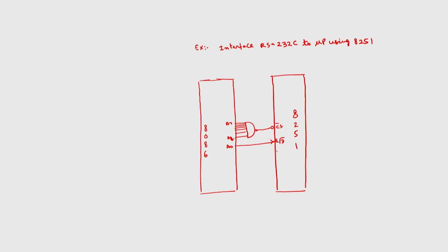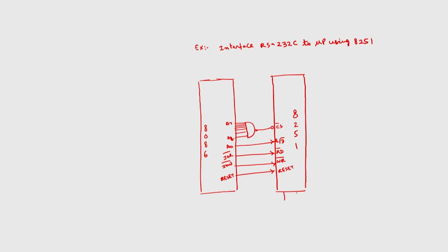I will connect read bar and write bar to IO read bar and IO write bar of the microprocessor. Then the reset of the microprocessor to the reset of 8251.